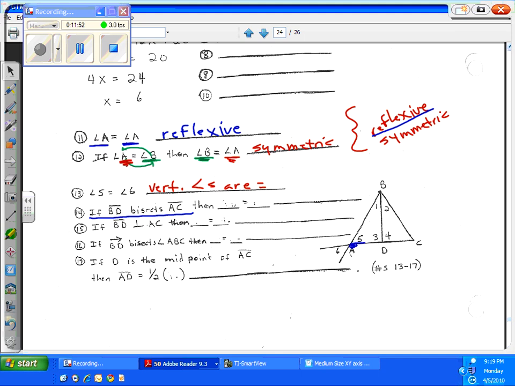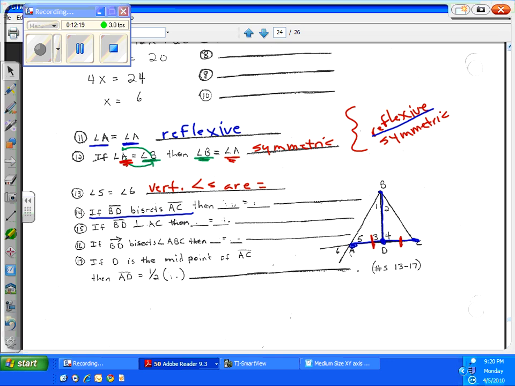If segment BD bisects segment AC, the bisector of a segment is a line, segment, ray, or plane that intersects a segment at its midpoint. That's the official definition. But what we wanted in this text is what you get out of it. What we get out of it is two equal segments.